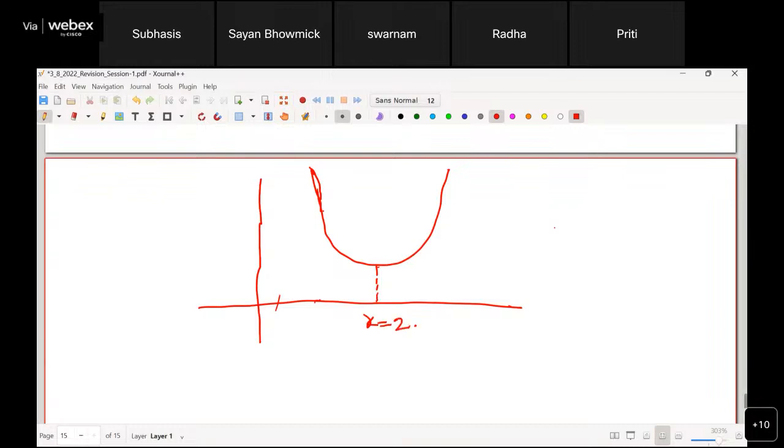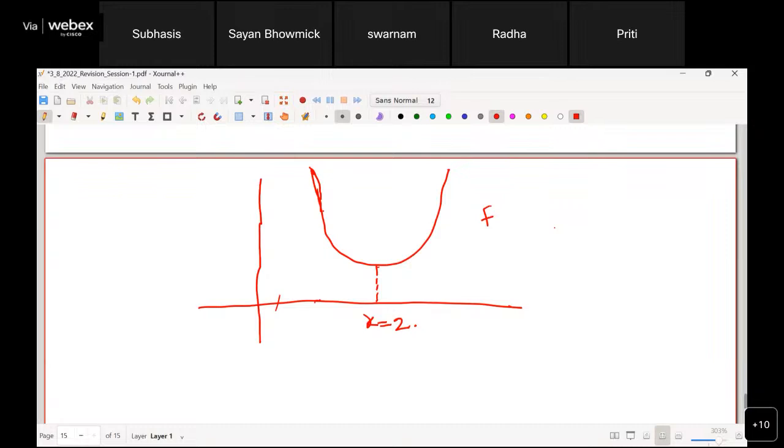This is a parabola, right? Yes, sir. But if you take x equals 2, then it's different. But still it does count. This parabola is continuous everywhere, right? Yes, it is continuous.